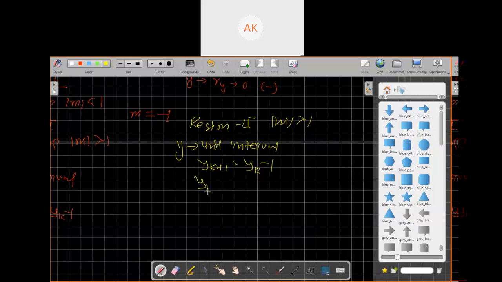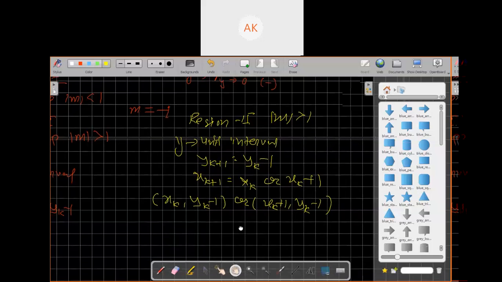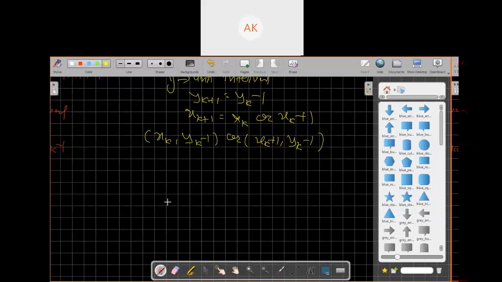And xk plus 1 will be xk or xk plus 1. Value of x is increasing, so the possible points are xk, yk minus 1 or xk plus 1, yk minus 1 when you are in region 2 or m is greater than 1. So what is the midpoint?